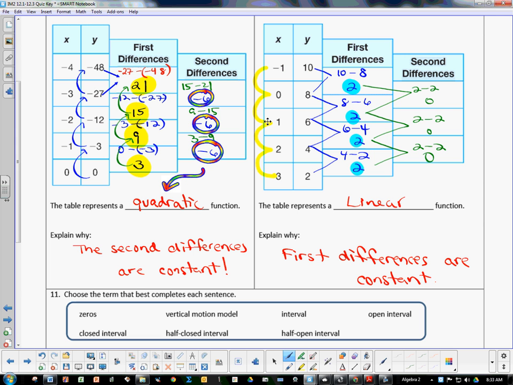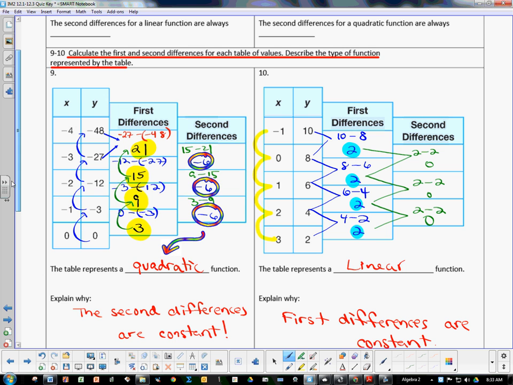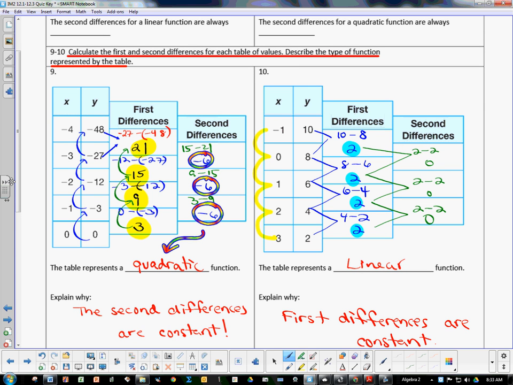Correct. And what you can do is this. Let me ask you this question. If you're listening to the video, listen also. What is the degree? What I mean by degree is the largest exponent. For a quadratic, squared, right? When do you have the constants? The second differences.